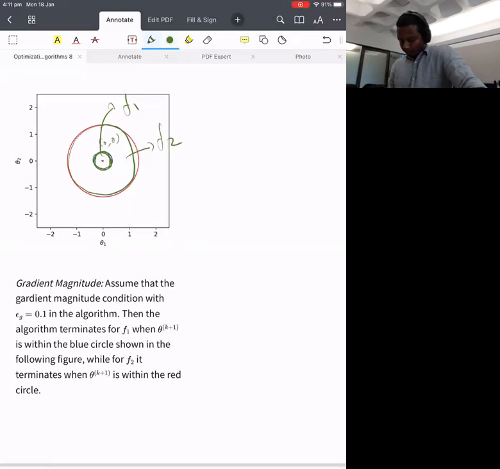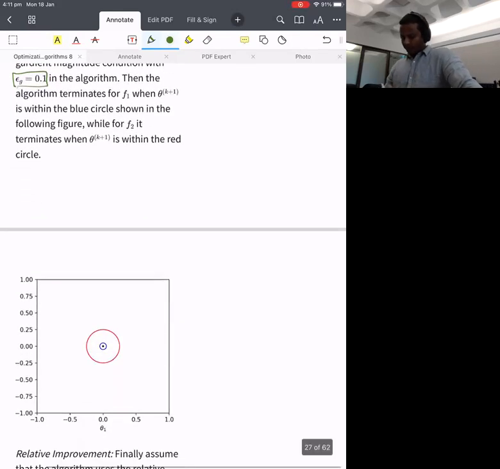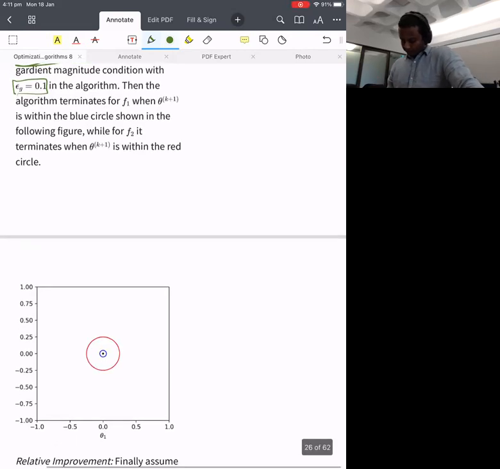Now let's look at the gradient magnitude condition. Again, for epsilon g equal to 0.1, we can compute what the circles will look like, and you can see that again there is a huge difference between the circle corresponding to F1 and the circle corresponding to F2.